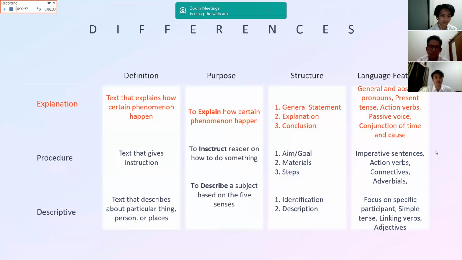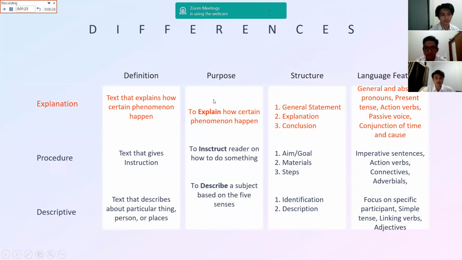Explanation text has three structure: general statement, explanation, and conclusion. The procedure text also has three structures: aim or goal, and then materials, and the last one is steps. On the other hand, the descriptive has only two structures: identification and description.